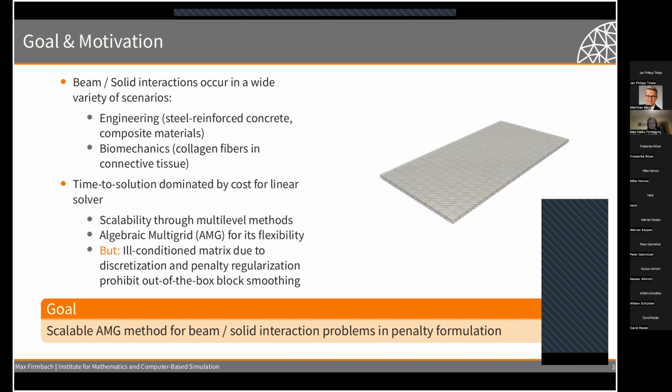As you can see on the right side, we have composite materials where fibers interact with a matrix material. Things like that appear in steel-reinforced concrete, but also in biomechanics. You have, for example, collagen fibers in connective tissue that interact with each other depending on the load scenario.